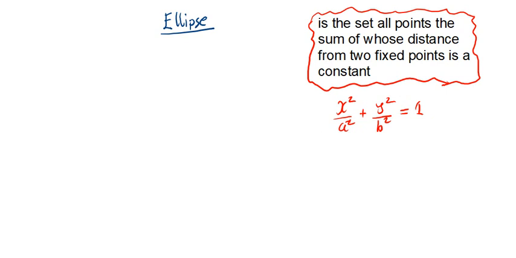But I'll also give you other properties, such as when the center is not at the origin. So let me try to make sense out of this definition that we have put across here. Let's say we have that as our horizontal axis and that as our vertical axis. So this of course is our y-axis and that is our x-axis. If you look at the definition, it's a set of all points, the sum of whose distance is from two fixed points.